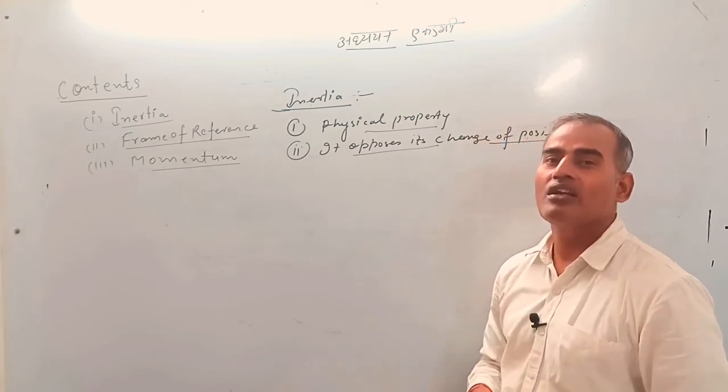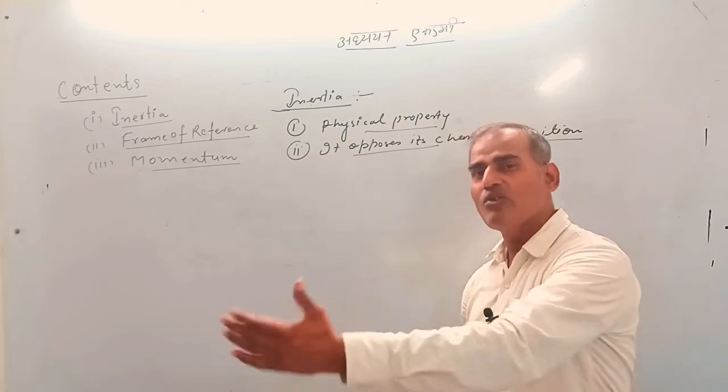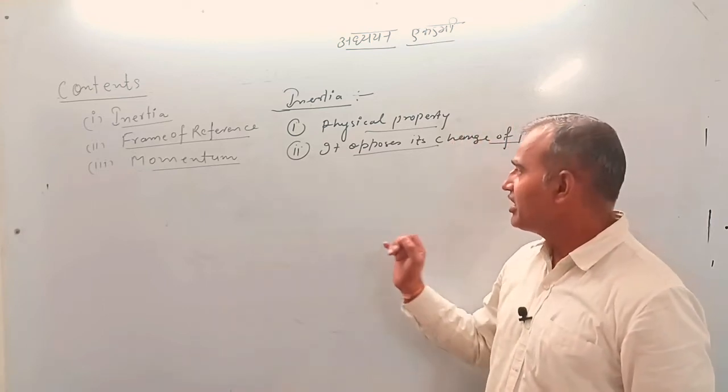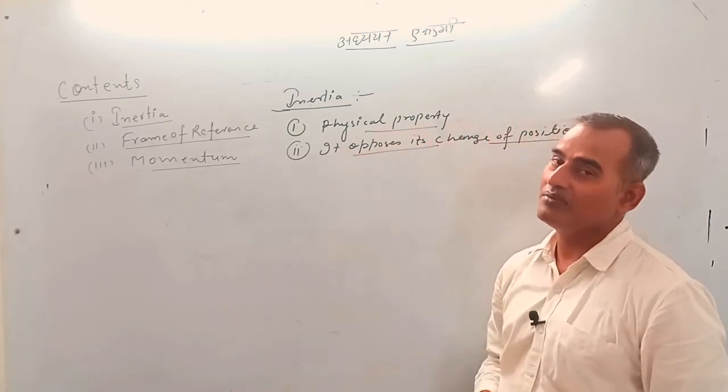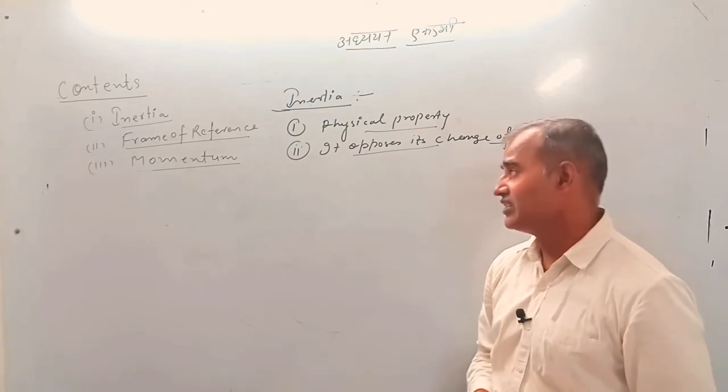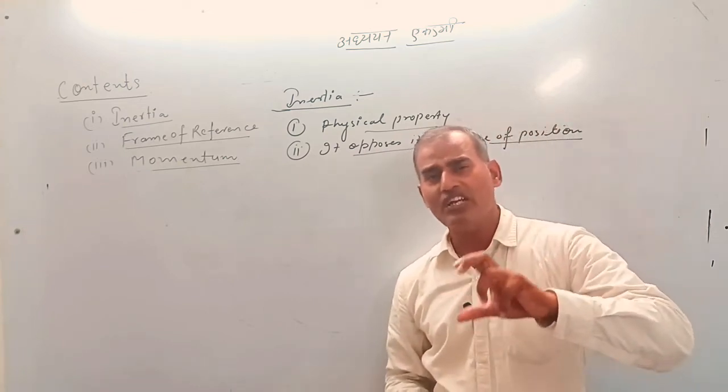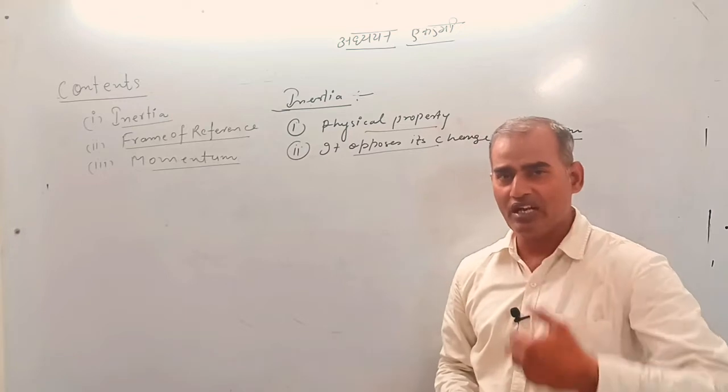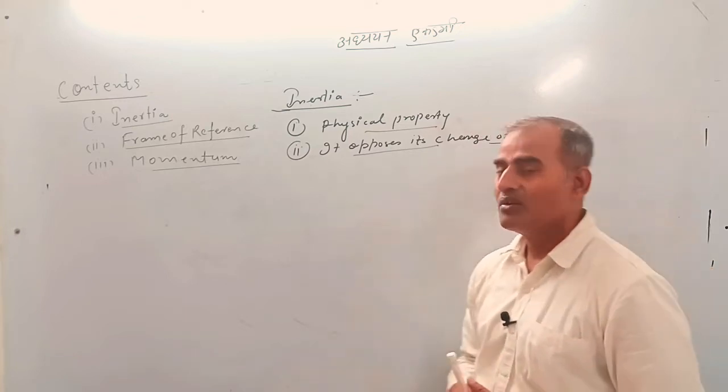If any body is in uniform motion, then it maintains its state of motion. This is inertia. Means inertia is the physical property which opposes the change of its position.